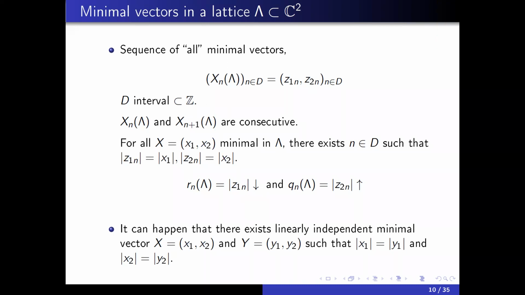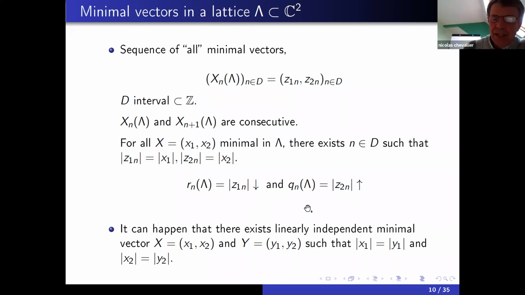Okay. But so this Qn is increasing. Yes, it is increasing because we say that xn and xn plus 1 are consecutive. And in the definition, we put that the second coordinate of the second vector of a pair of consecutive minimal vectors must be larger than the second coordinate of the first vector.